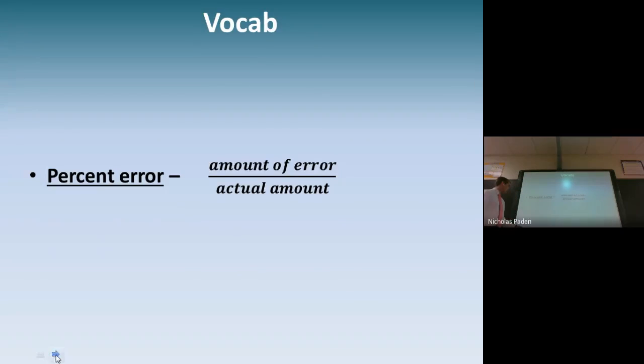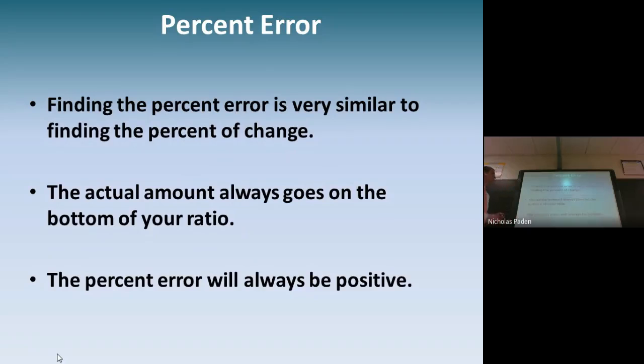Couple of things dealing with percent error. Finding the percent error, like I said, is very similar. The actual amount, so what it should be, always goes on the bottom of your ratio. And then this one's important to note, the percent error will always be positive.